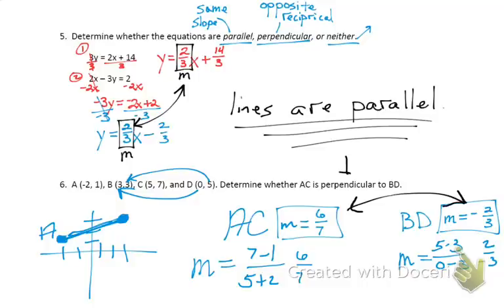These lines obviously do not have opposite reciprocal slopes, so you would say no, they are not perpendicular because the slopes are not opposite reciprocal. Sorry, I ran out of room there, but you heard what I said. So, no, they're not perpendicular because their slopes are not opposite reciprocals. Simple as that. All right, there you have it. That is all for 5-6.